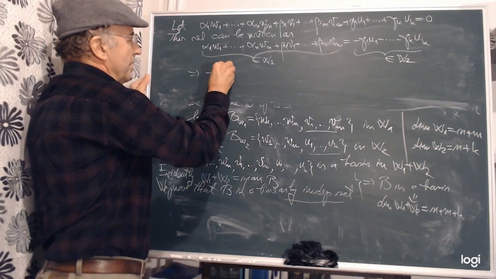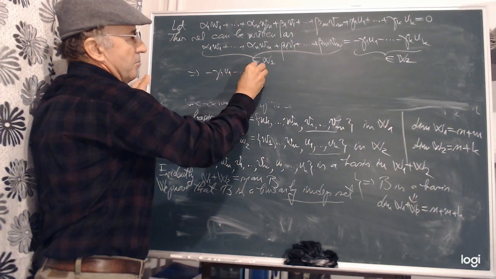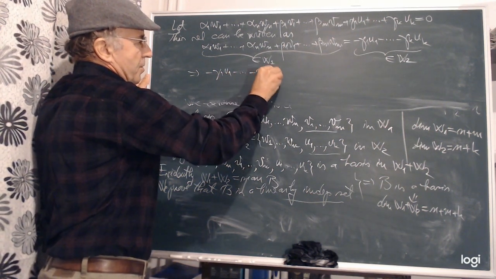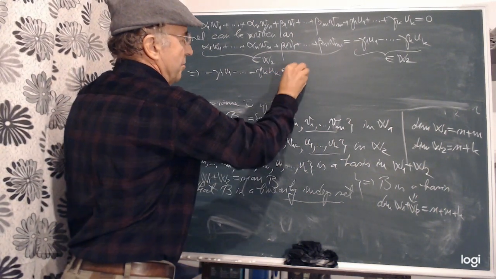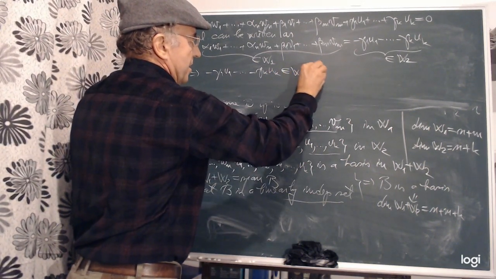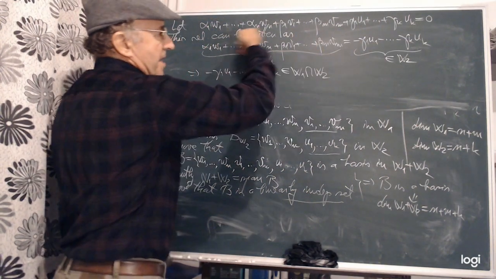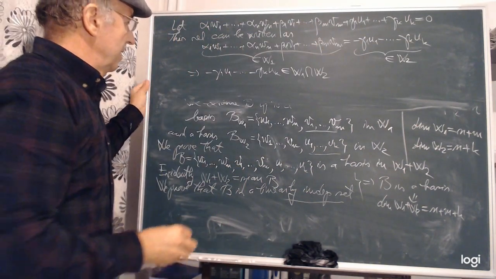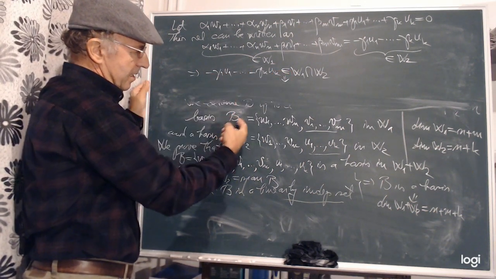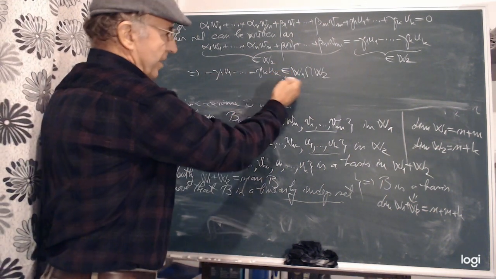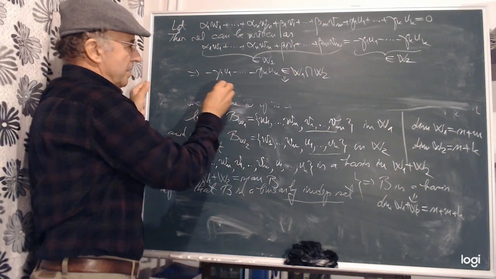Minus gamma 1 u1 minus gamma k uk belongs to W1 intersection W2. It is the same as this vector, and from this we get that it will be a linear combination of the vectors of the basis from here.